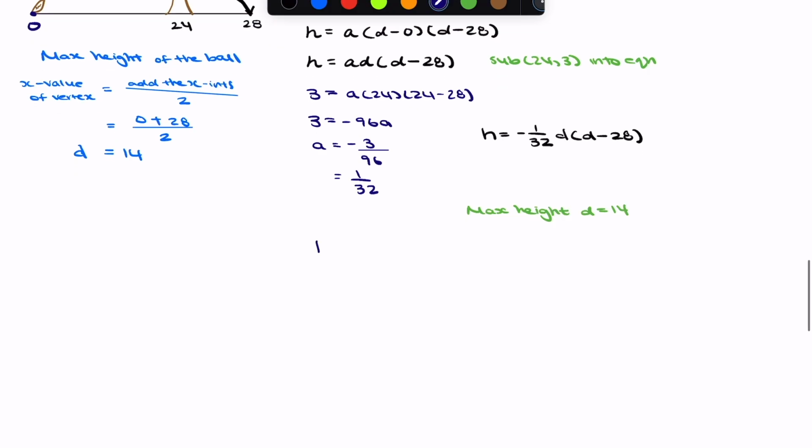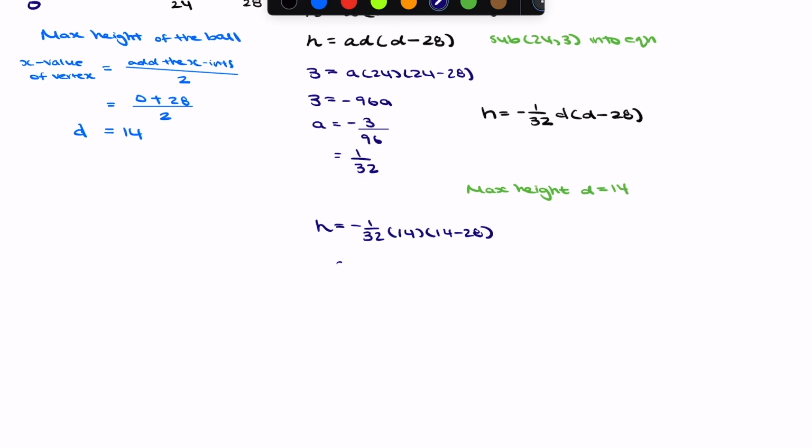So here we get h is equal to -1/32 times 14 times 14 minus 28, which is equal to 6.125 meters, or in a fraction, 49/8 meters.